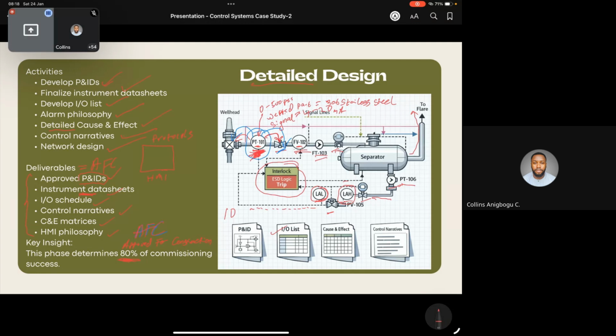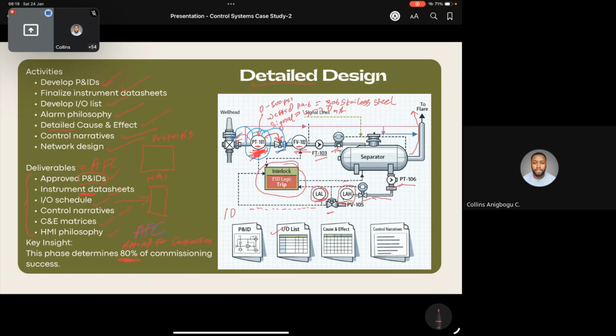So you have that instrument data sheet, the I/O schedule. I/O is input and output schedule. That is what defines what constitutes input. This PT, for example, constitutes an input, right? So that input will need to go into some kind of control system.